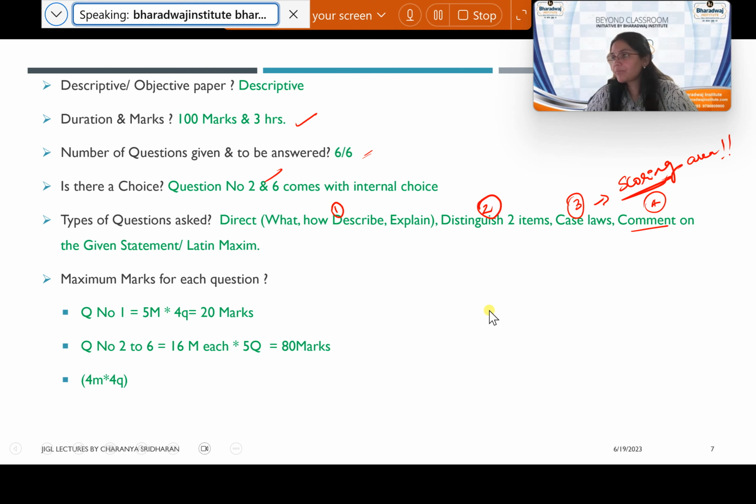Third point. Question number 1 - 5 mark questions. In the next line: Question number 2, 3, 4 and 6 are 4 mark questions.